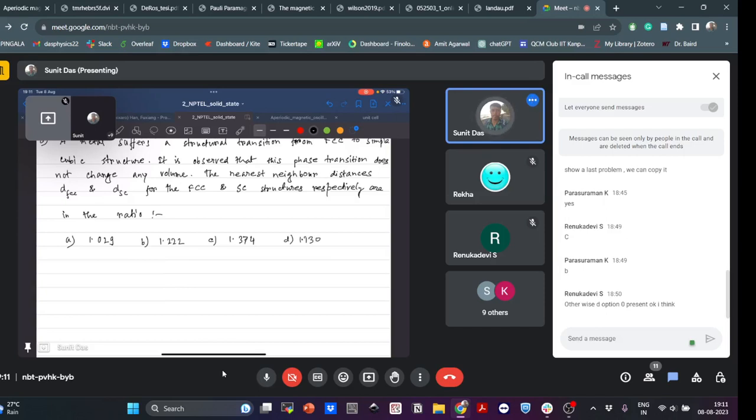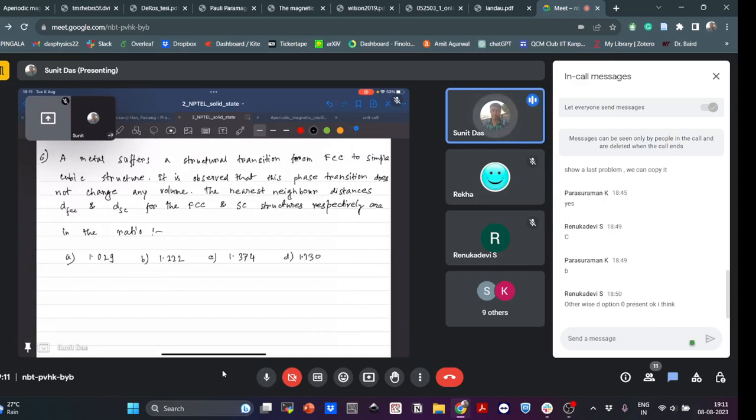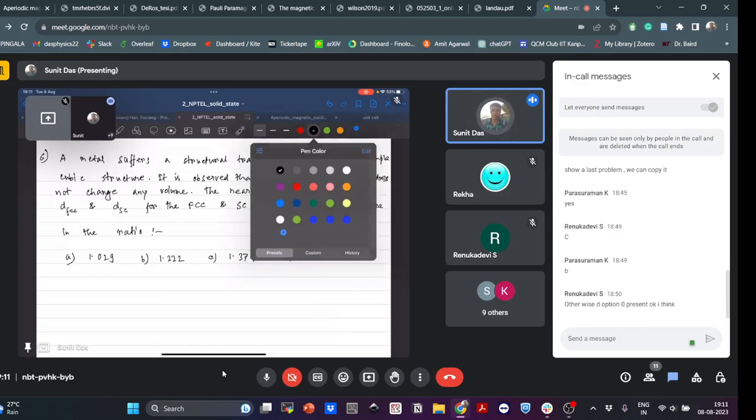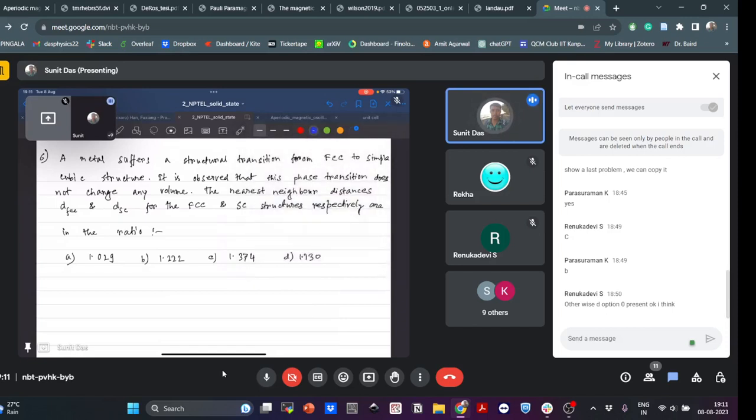Okay, so the next question is: a metal suffers a structural transition from FCC to simple cubic structure, and it is observed that this phase transition doesn't change the volume. So we need to find the nearest neighbor distance, D_FCC, the nearest neighbor distance for FCC, and D_SC for simple cubic.